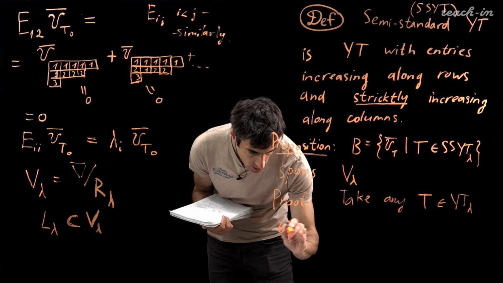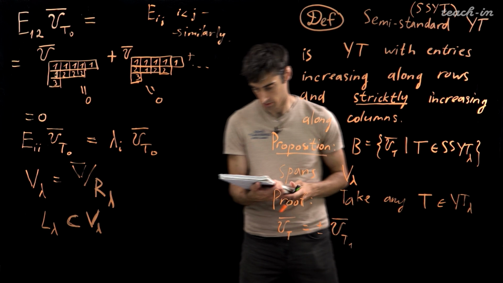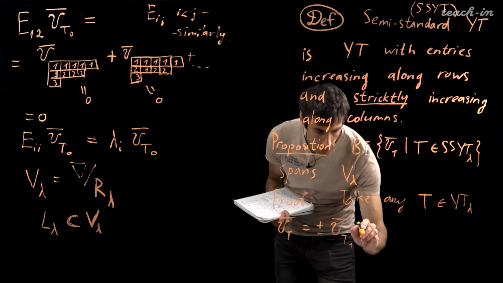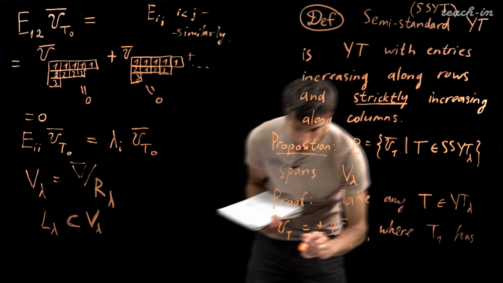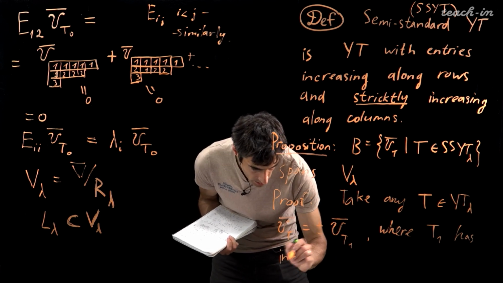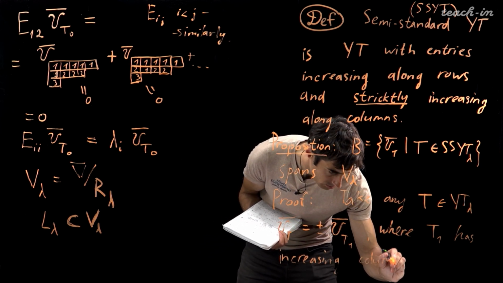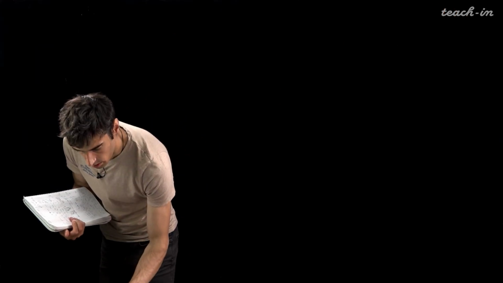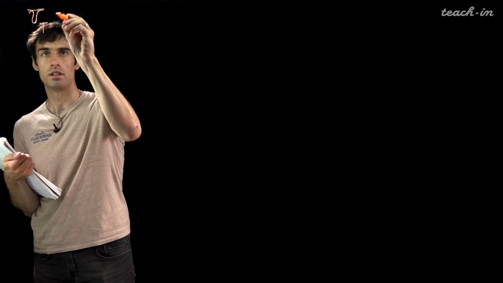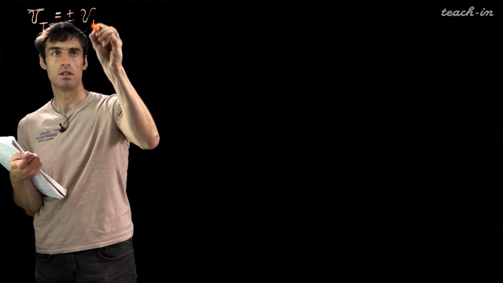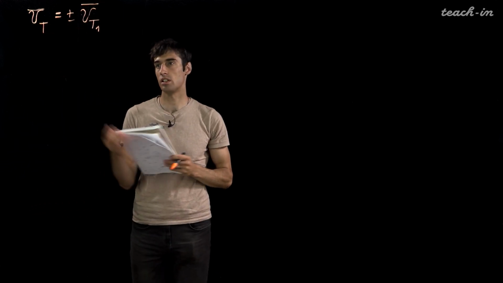So v_T bar is plus or minus v_T1 bar, where T1 has increasing columns. Again, let me write it again: v_T bar is plus or minus v_T1 bar, where T1 has increasing columns.